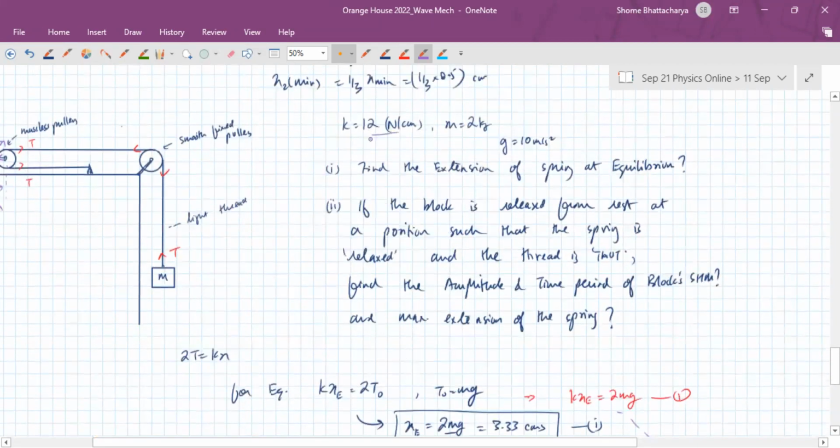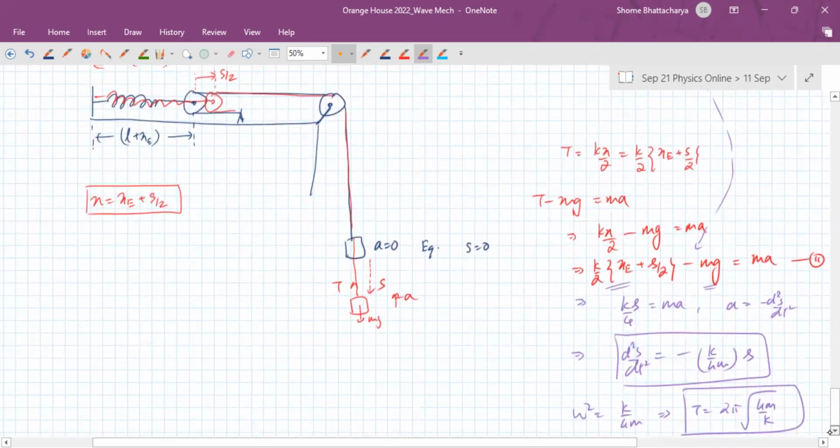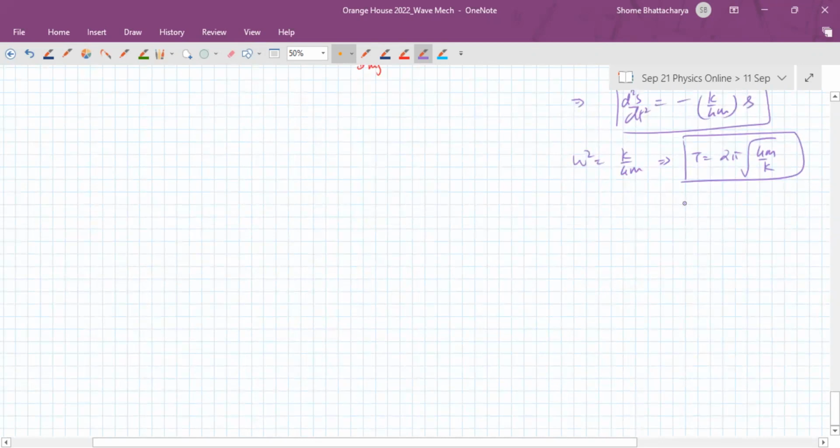So the spring constant was 12 newtons per centimeter and m was 2 kg. This is our time period.